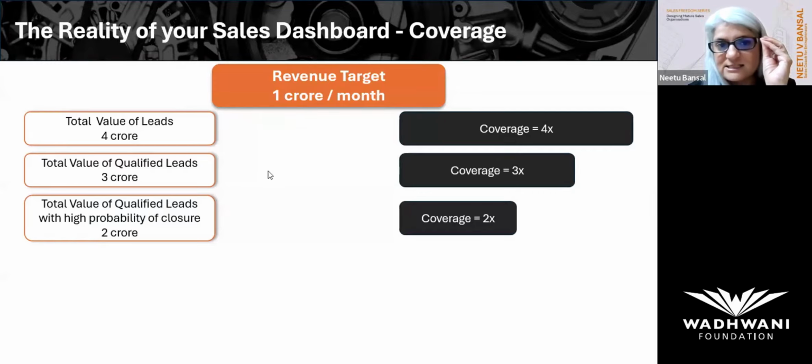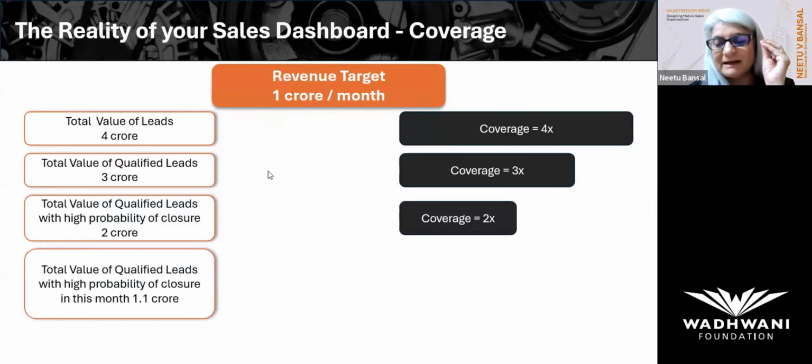Now the last one, because this is a monthly target. The value of the qualified leads which have a high probability of closing and will close this month, because I need to achieve 1 crore this month, is 1.1 crore. Not 2 crores, but 1.1 crore.